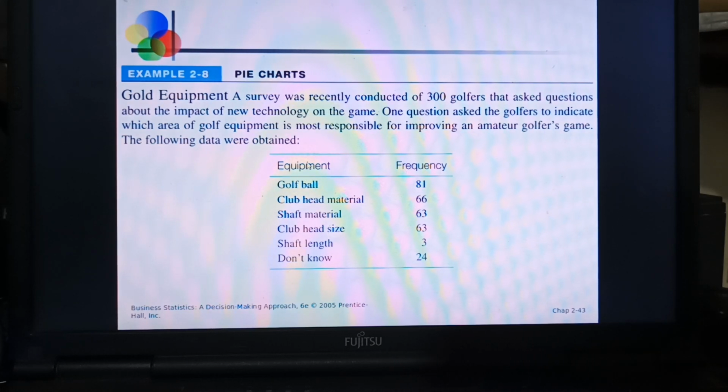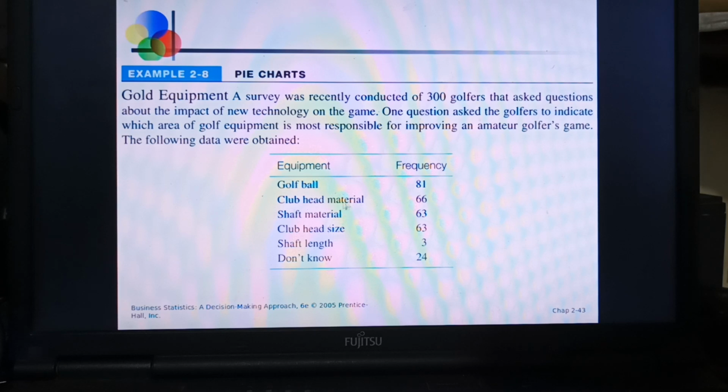Equipment frequency: golf ball frequency 81, meaning 81 respondents say that it's in the golf ball where the amateur golfers would find improvement.